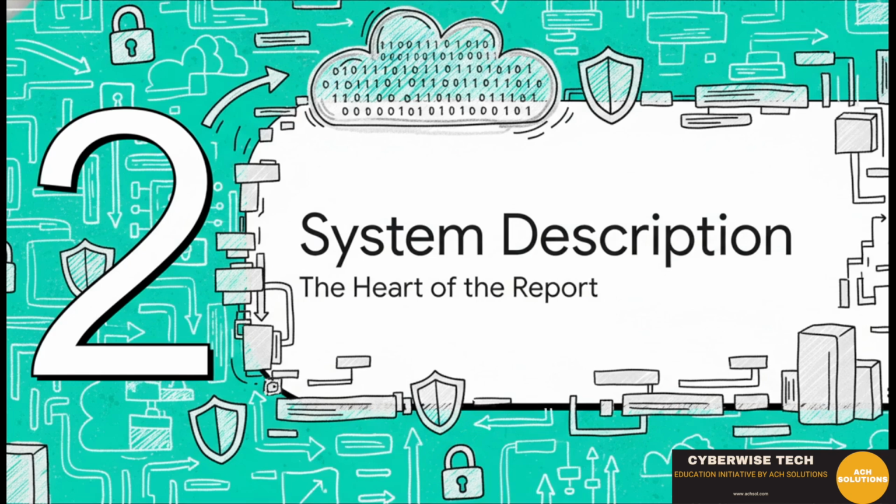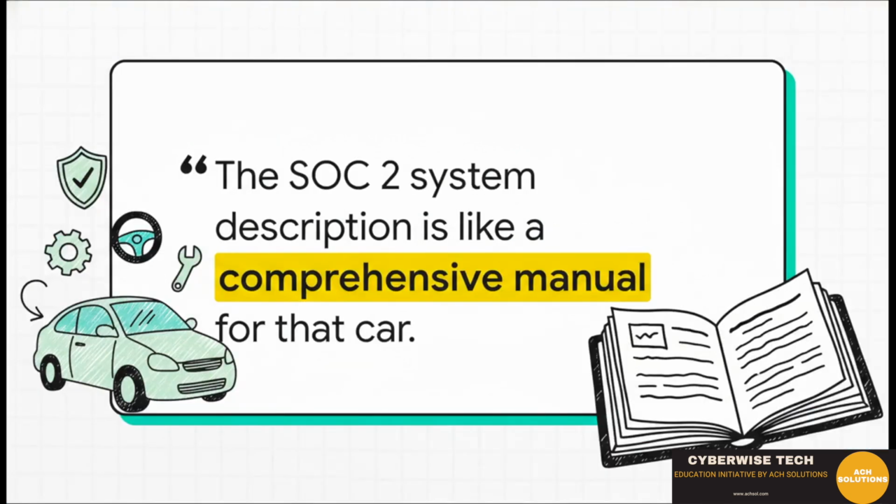So once management makes that big promise, they have to back it up with details. And that leads us to what is really the heart of the entire report, the system description. This is where the company lays it all out and tells their story. I love this analogy from Secure Frame. It just clicks. They say the system description is like a really detailed owner's manual for a car. It tells you everything: the safety features, how it's been maintained, how it all works.